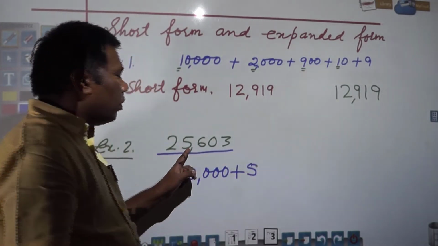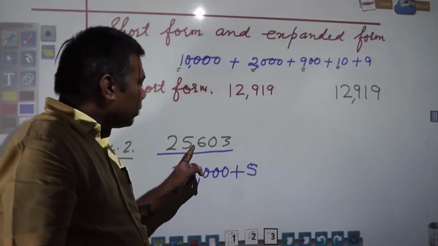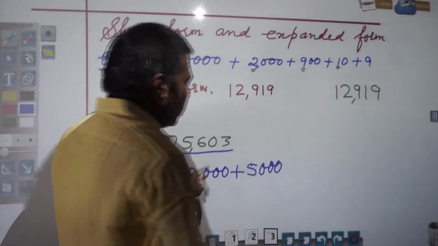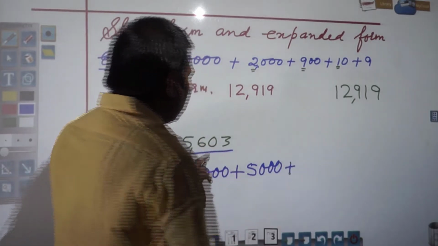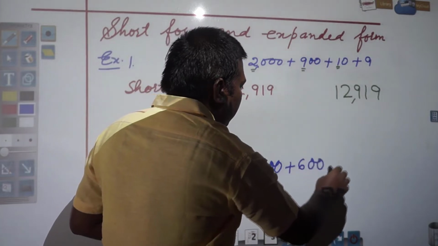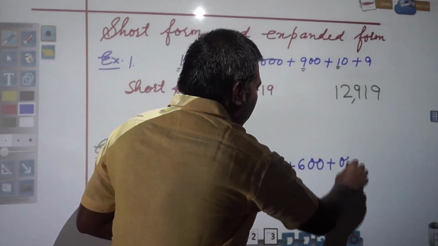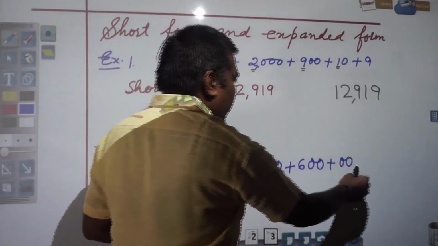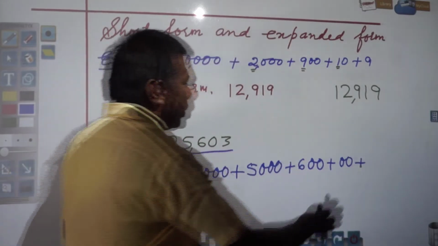Now place value of 5 is what? 5,000. So here it will be written 5,000 plus 6 is in hundreds place. Then 0 in tens place, and simply 0 you can write or double 0 you can write. Plus in ones place 3 you have.